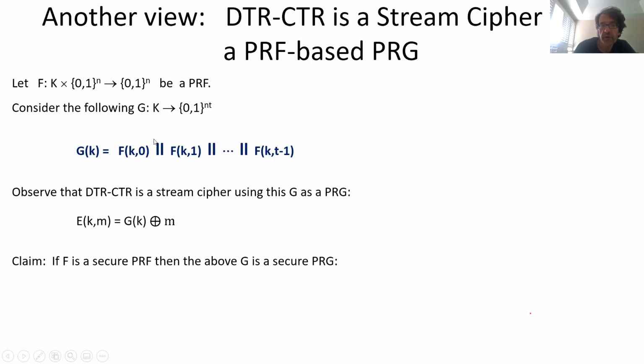And by the PRF property, all of this is indistinguishable from a random function applied to these distinct indices, and therefore it's indistinguishable from one big random string. So once you recognize that, then the deterministic counter mode is just a case of a stream cipher.